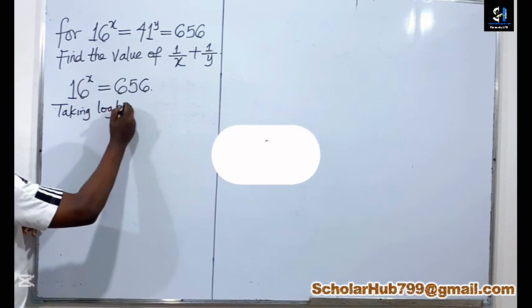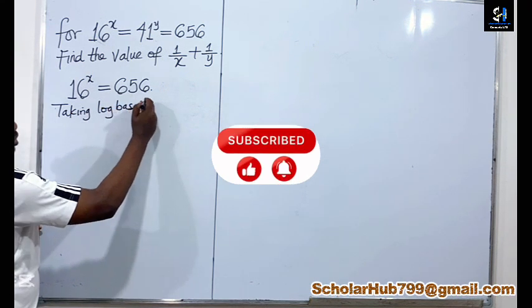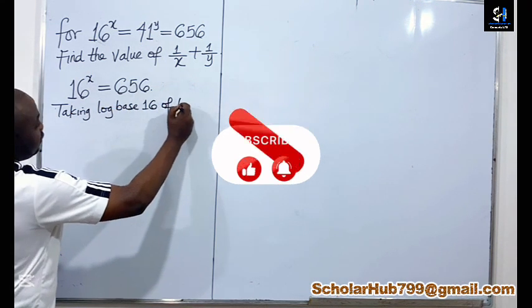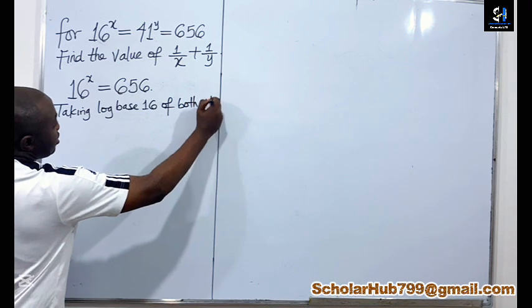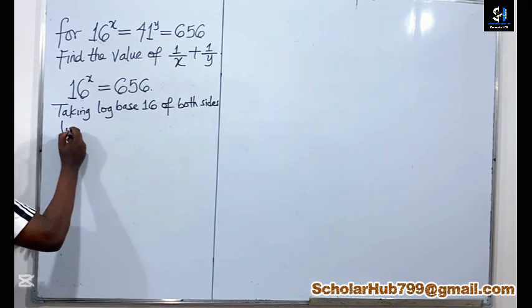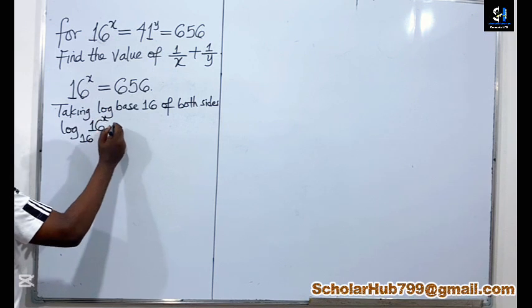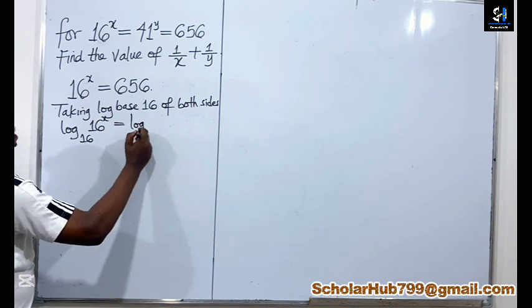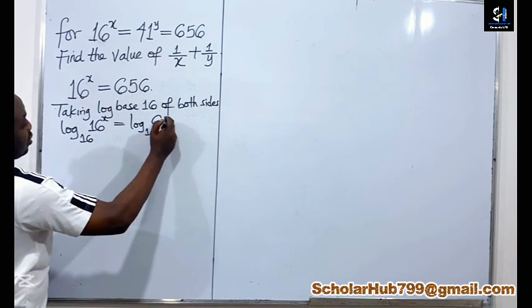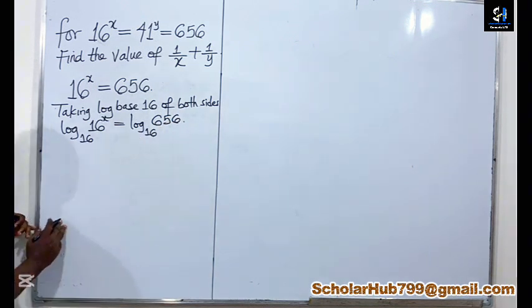Then taking log base 16 of both sides, this will be log base 16 of 16 raised to the x equals log base 16 of 656.